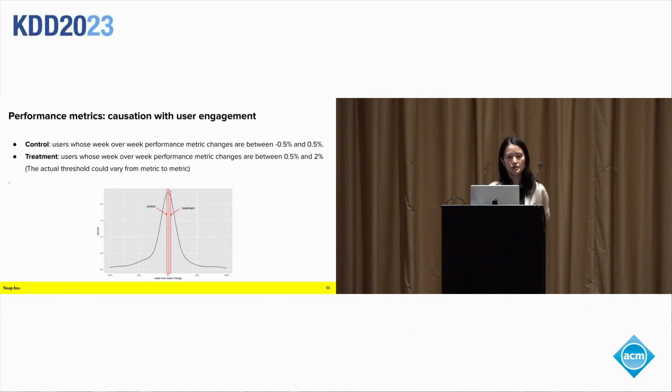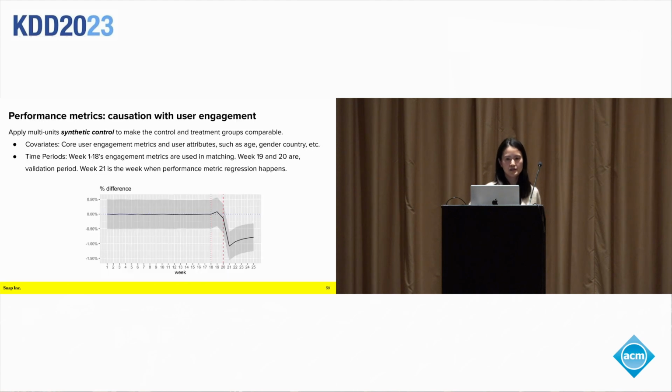In this approach, first we choose the users whose week-over-week performance metric change is relatively stable as the users in the control group, and the users who experience some week-over-week performance regression as users in the treatment group. This threshold could vary based on the metric of your choice.